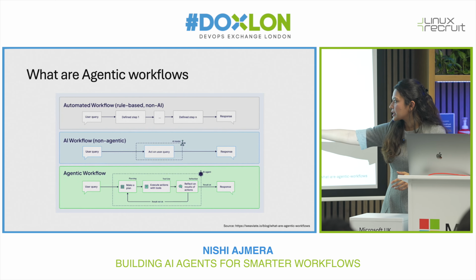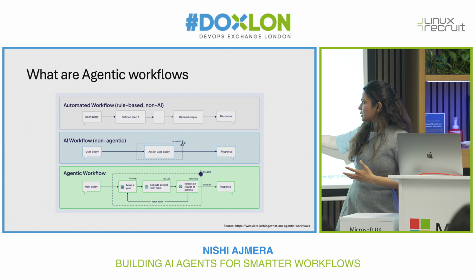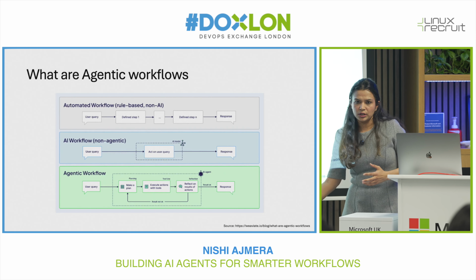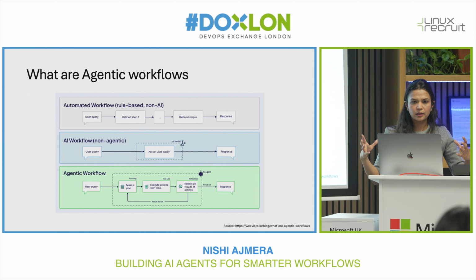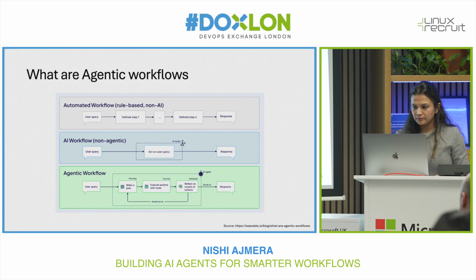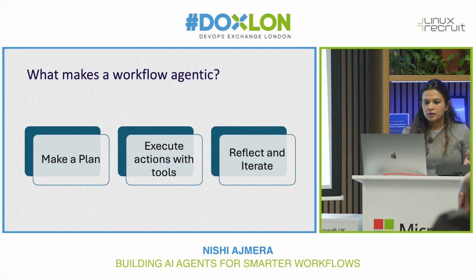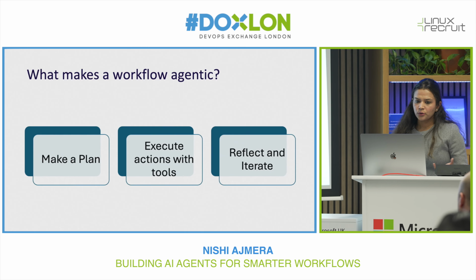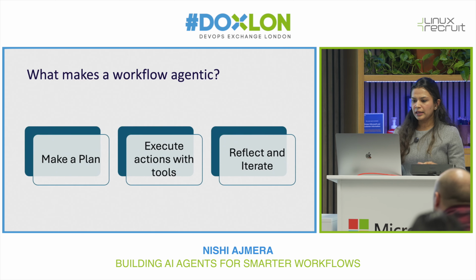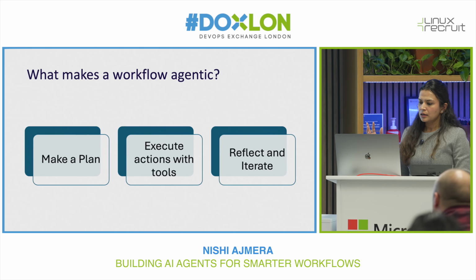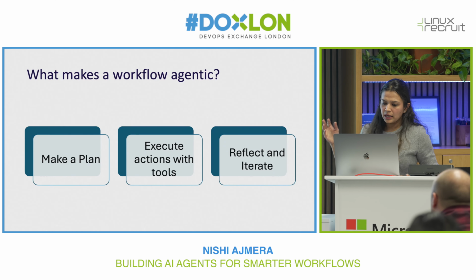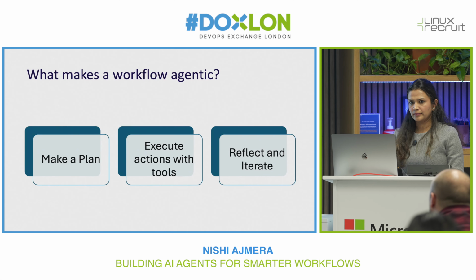So this is an iterative loop until the desired result is achieved. So that is your agentic workflow. So what makes a workflow agentic is 3 steps. One is you need to have some sort of planning step in it. Then you execute those plans with the tools, and then you reflect and you iterate.